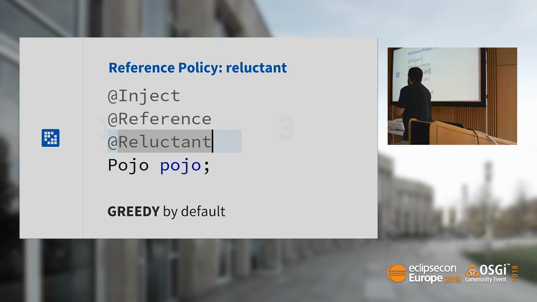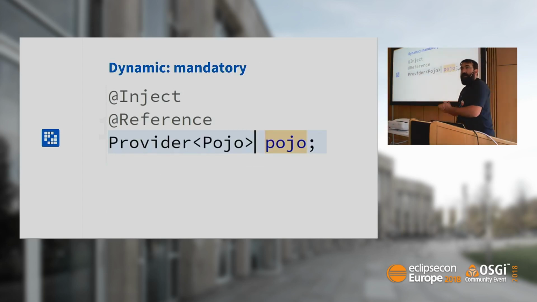And when we discussed this in the expert group, it was heavily leaning towards, if we had to do it again, the default reference in declarative services would have been greedy by default as opposed to reluctant, because we find ourselves, particularly in complex applications, realizing that, hey, we need to be able to modify these on the fly, and having to go back and refactor the code to include the dynamic policy on everything is problematic. So everything is greedy by default, but if you want to go back to reluctant, you can annotate your injection points with @Reluctant.